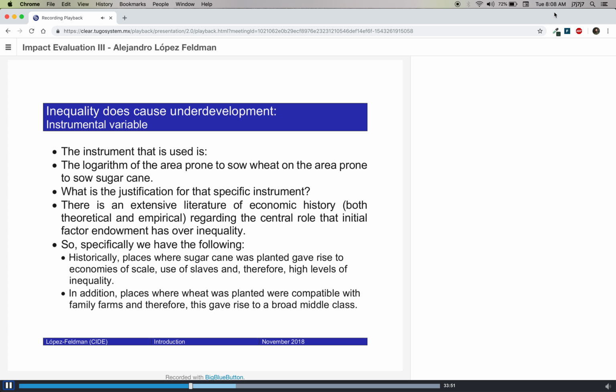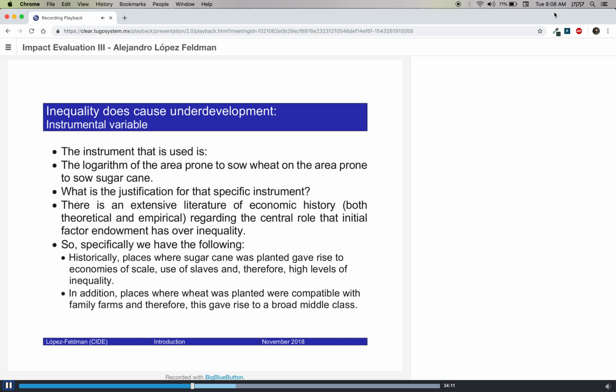In addition, as I said before, it was easier to have small farms or family farms regarding the land size and its production. That's why this gave rise to a broad middle class.